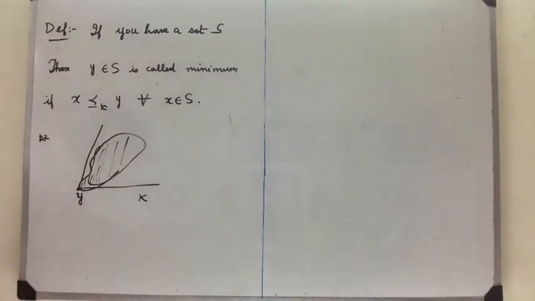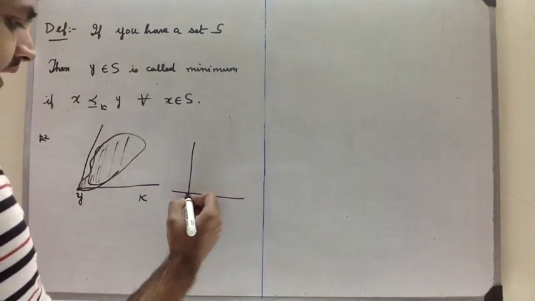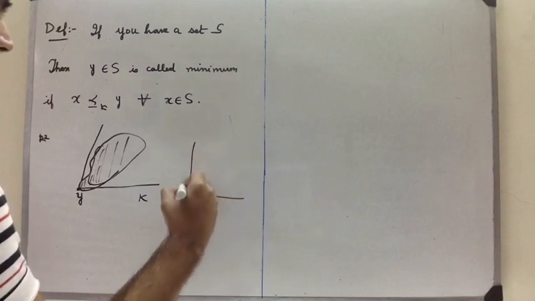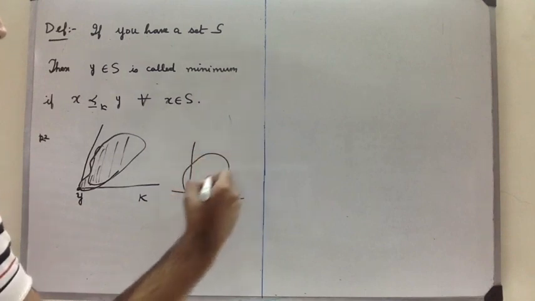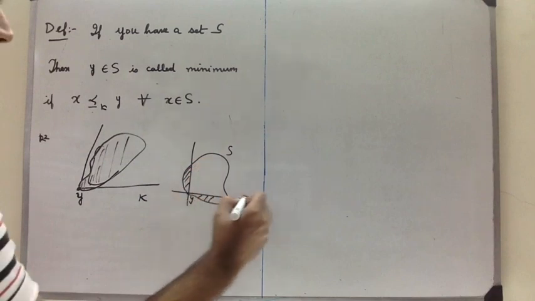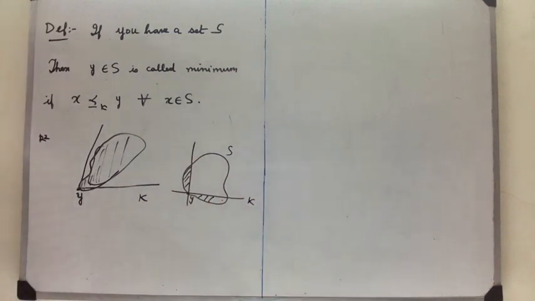If, for example, this is Y and this is your cone, and the set S went beyond the cone K, then Y would no longer be the minimum element.